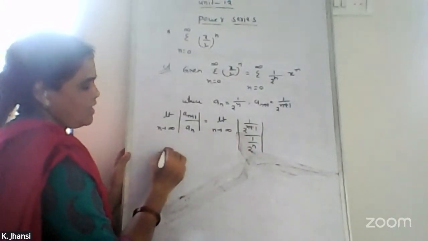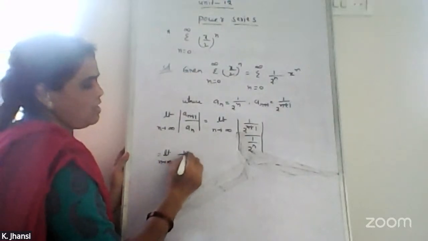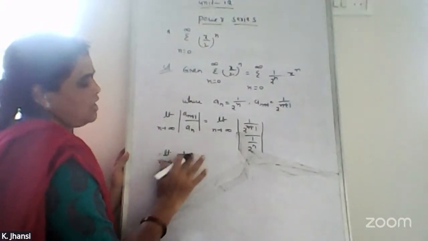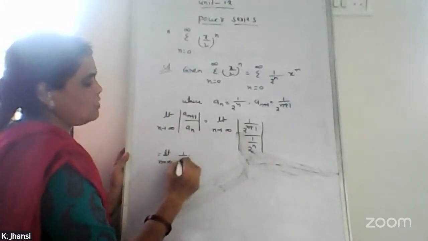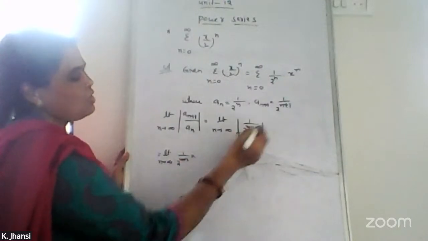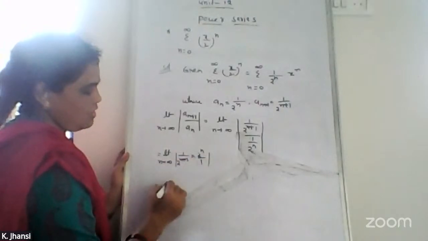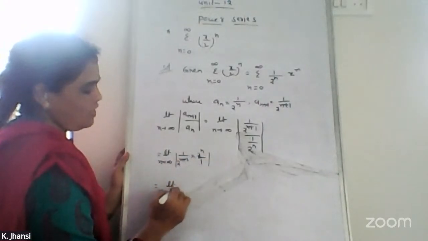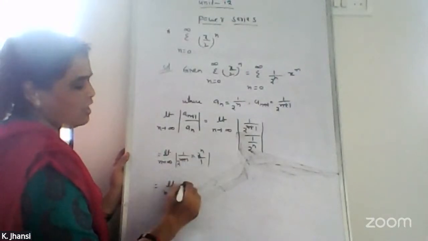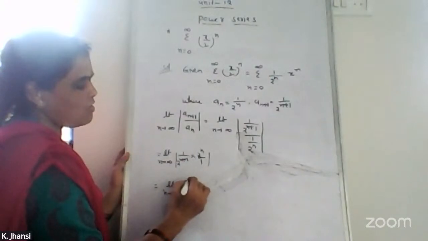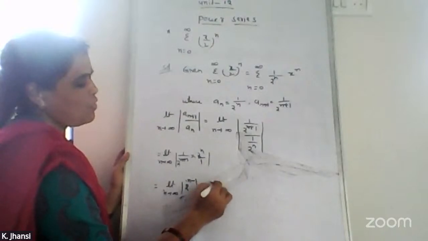So you can write this as the limit as n tends to infinity, and if you take the denominator to the numerator, it becomes 2 to the power of minus n minus 1 into 2 to the power of n.